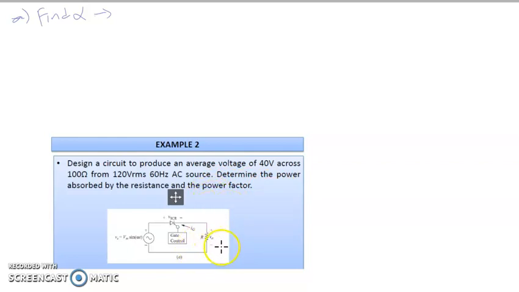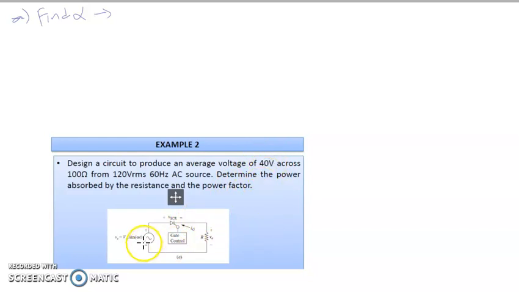Okay, means that when you are involved with the semi-control circuit like this, first thing you need to find is the alpha, at what point of triggering angle, or firing angle, you need to trigger such that the output will remain at 40 volt.